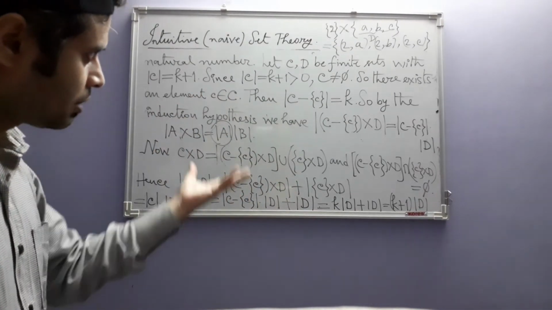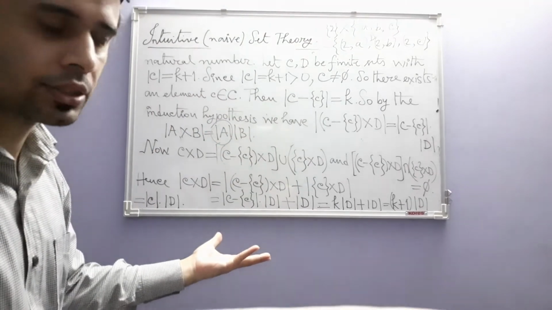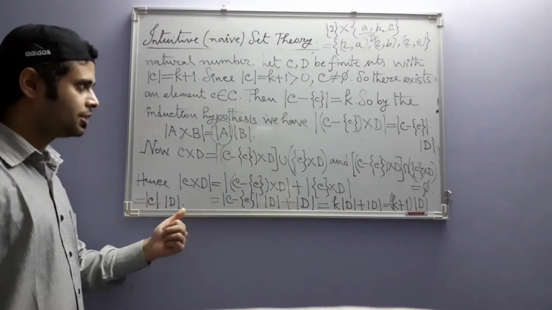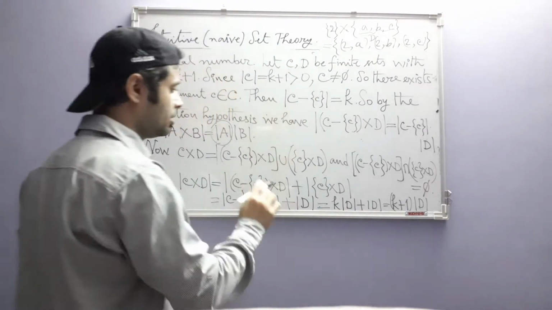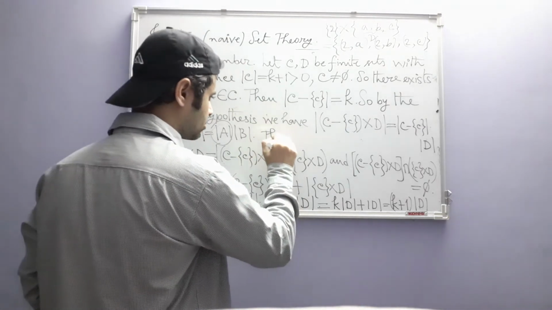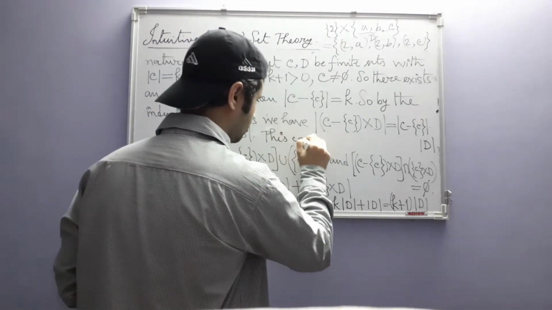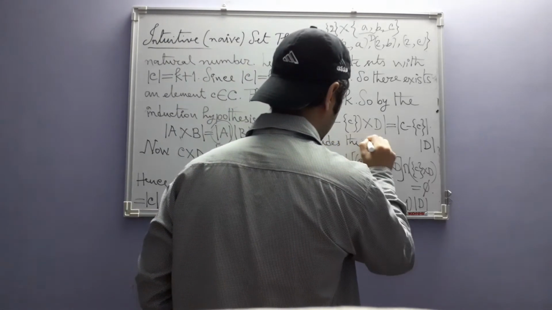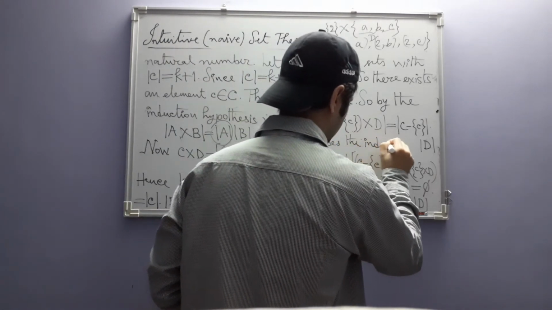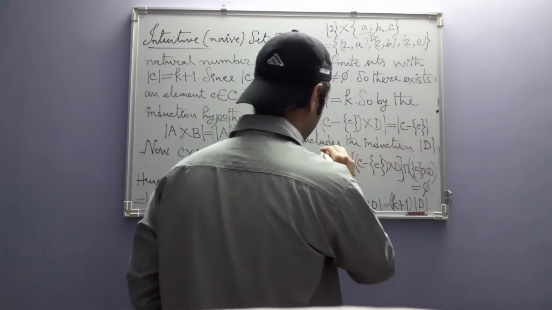This is an example of a proof by induction. So at the end of this you write hence, or this concludes the induction and the proof.